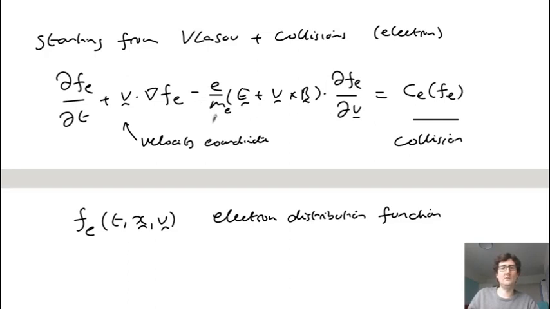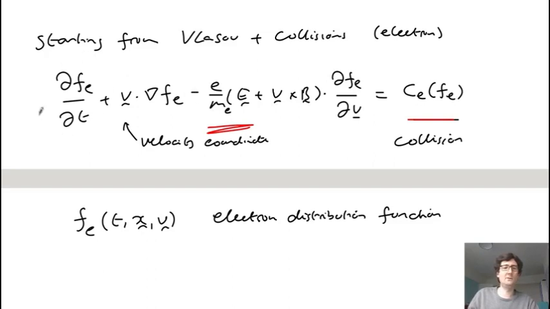It becomes a balance between the electric field and the collision term here. So these two terms become most important, particularly if we look at cases parallel to the magnetic field. Then we essentially just have these two terms which balance each other.